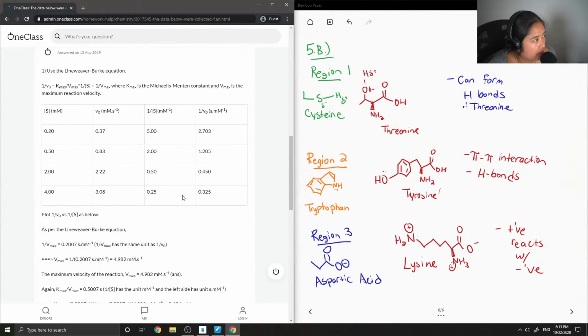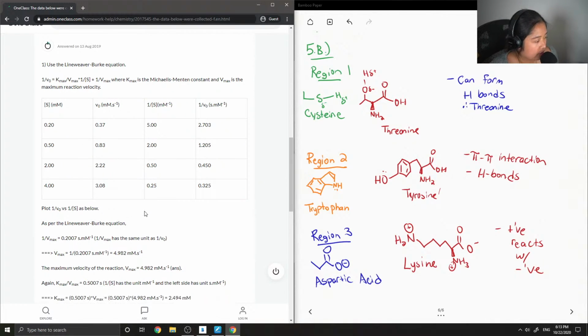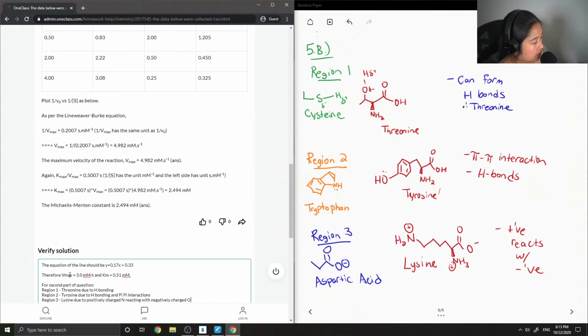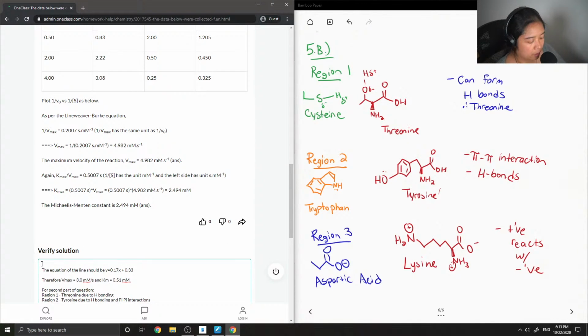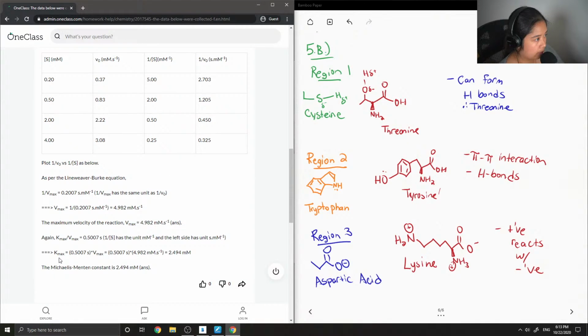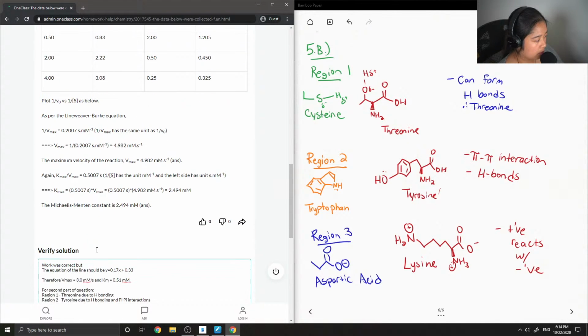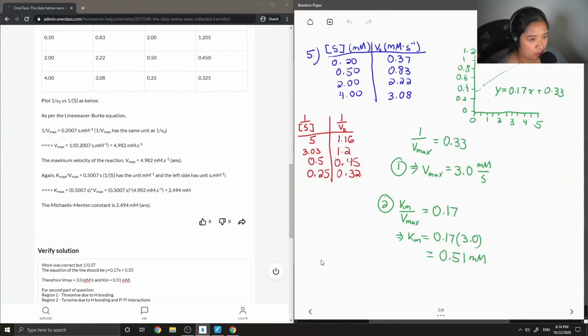Yeah, so the junior tutor wrote down the correct work. So let me just say that the work was correct. But 1/0.37 should be equal to 1.16.